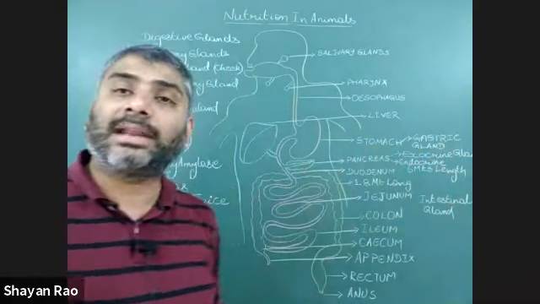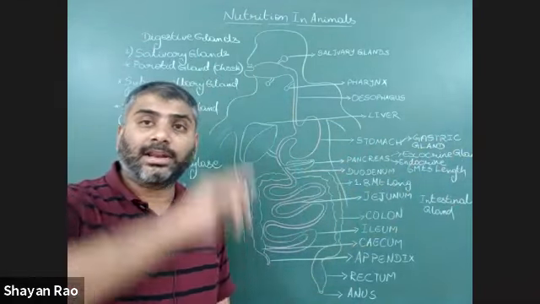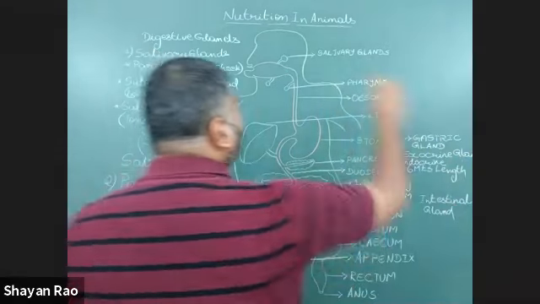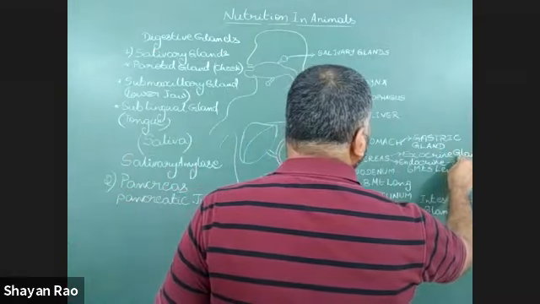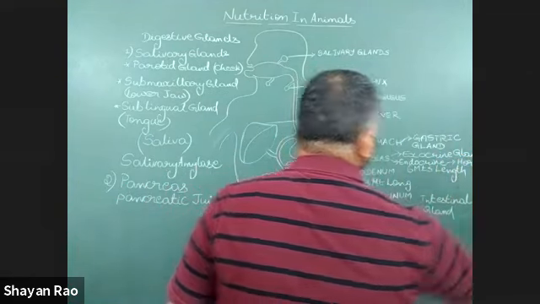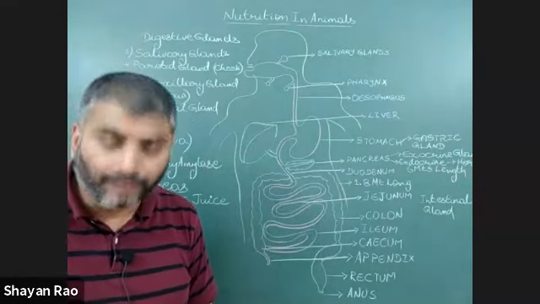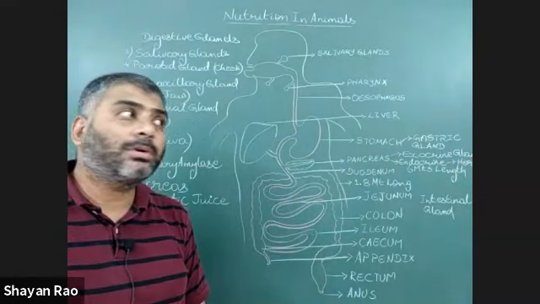What is now an endocrine gland? The human body also has endocrine glands, and those endocrine glands secrete hormones. So every endocrine gland secretes a hormone. What is the importance of the hormone?